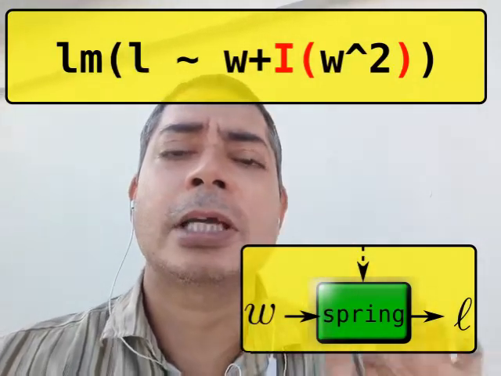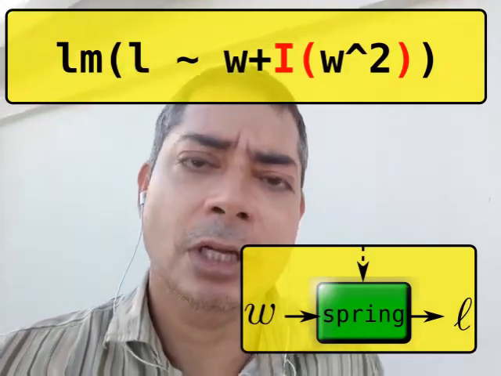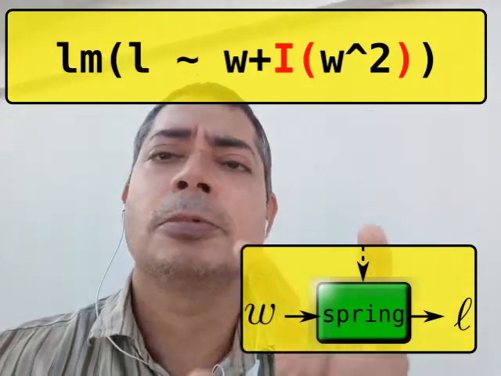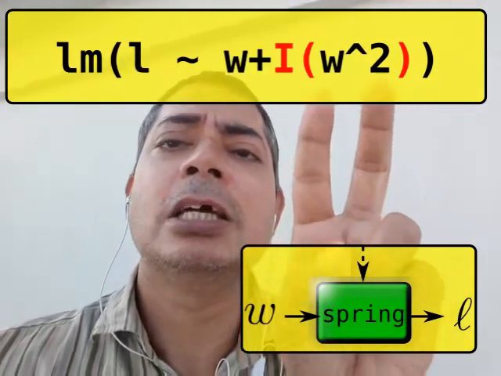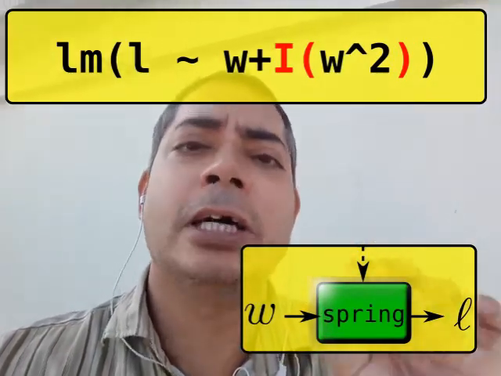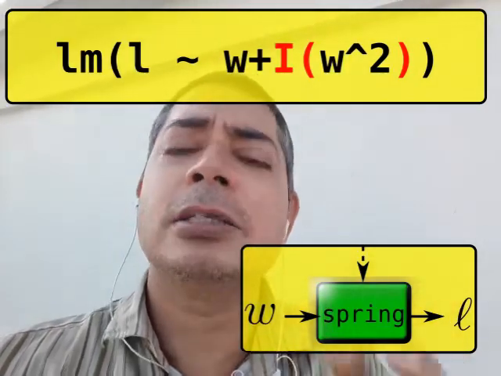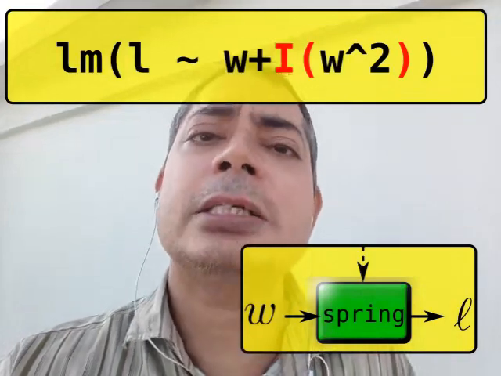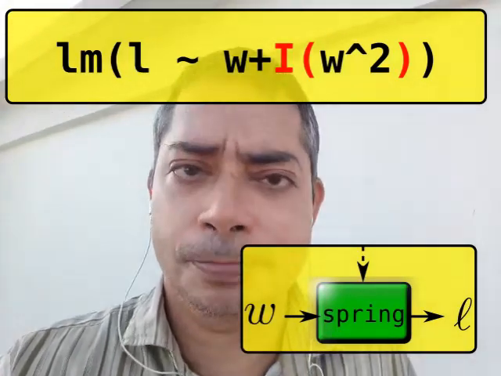That wrapper is the capital I function. It's like a function, it's more like a notation. So it's that wrapper which says W square will be preserved. If you do not do that, then W square, strangely enough, will be treated just as ordinary W.